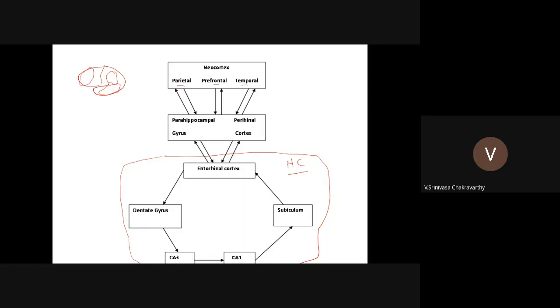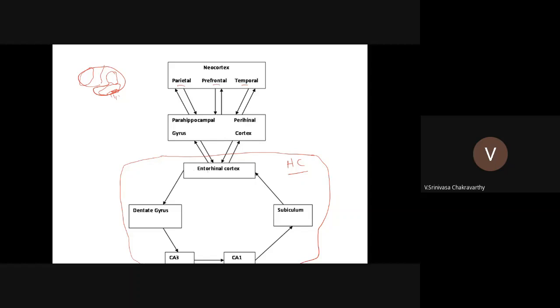All these areas project to the hippocampus, not directly but through stages. These cortical areas project to two regions very close to the temporal lobe: the parahippocampal gyrus and perirhinal cortex. These in turn project to the entorhinal cortex, which is below the temporal lobe. This is still cortical, this is the surface.